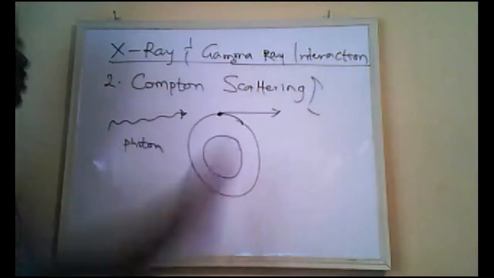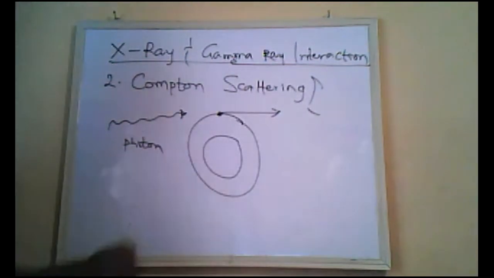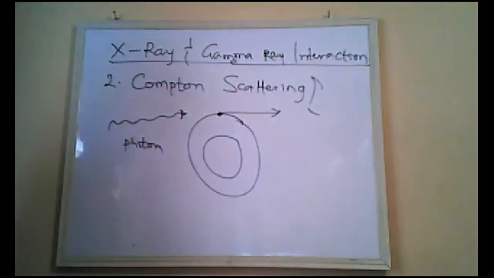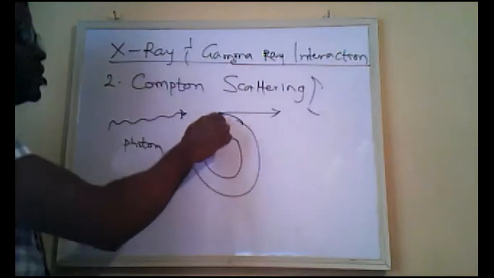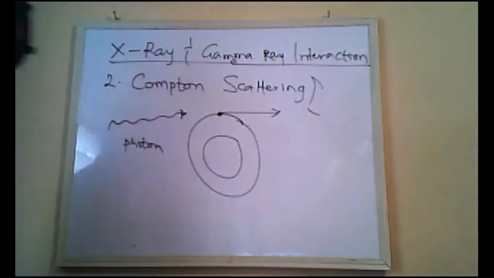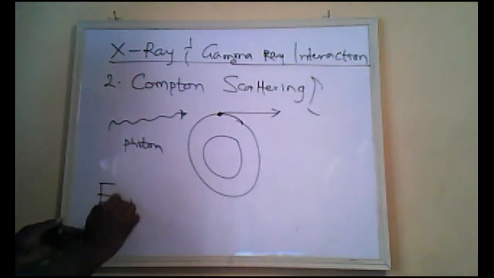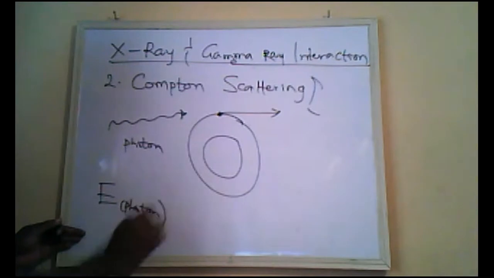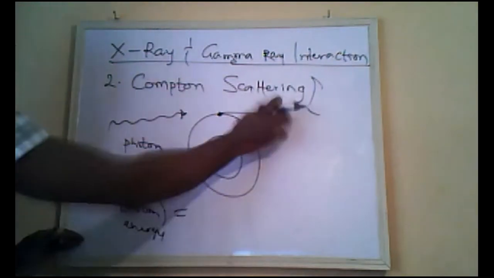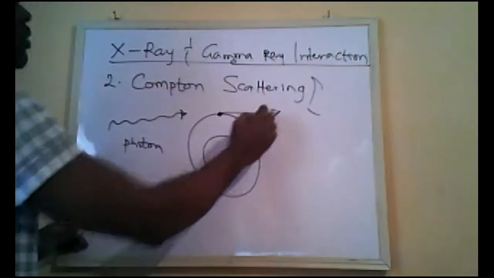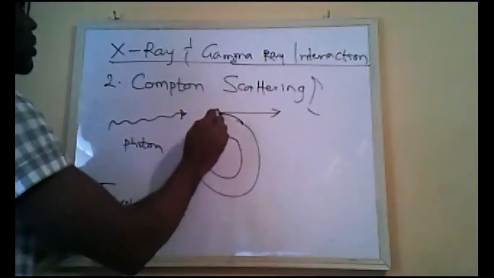So when this knocks it off, the photon energy should be equal to the energy of the ejected electron, since the binding energy is very small.